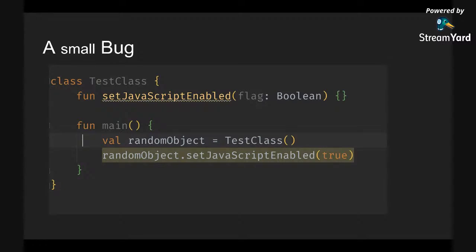But remember that I showed a security lint check where setting JavaScript enabled would show a vulnerability lint error. In this case, I am not using web views at all. I'm using a random class, and inside that random class, I have a function called setJavaScriptEnabled. If I call this particular implementation of setJavaScriptEnabled, I will still get the vulnerability lint check, which technically isn't correct, because in this case, my JavaScript enable could be doing anything else.